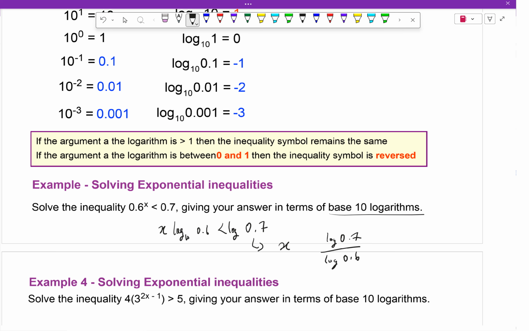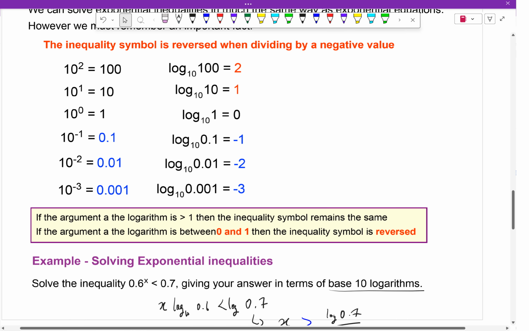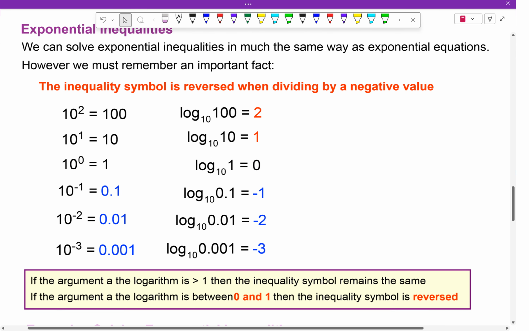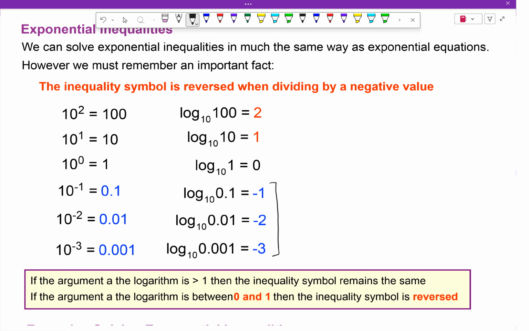However, in this case, it's not really visible, but we will flip it around. Reason being is if we refer to here, any value that's lower than 1, it's all negative.